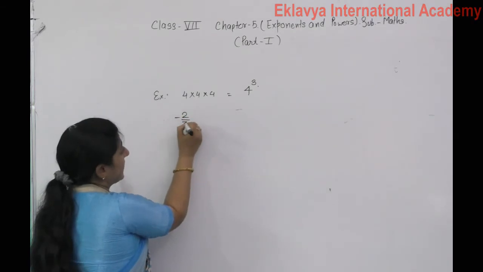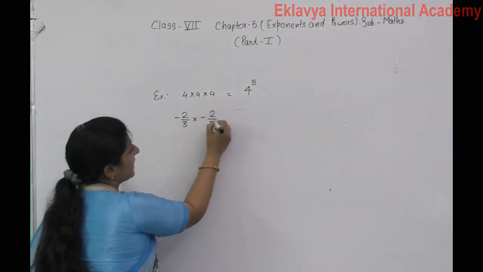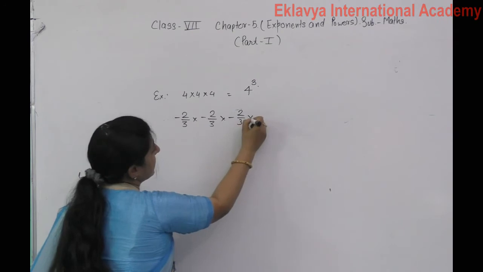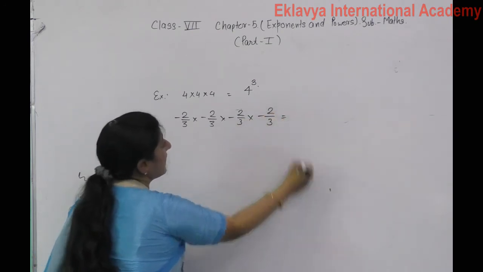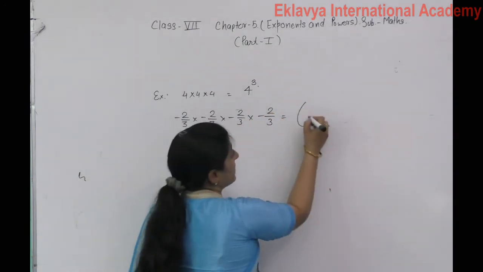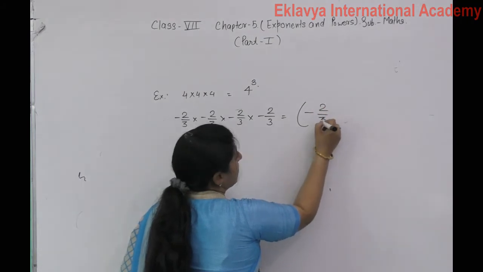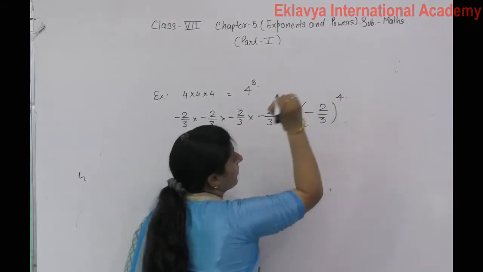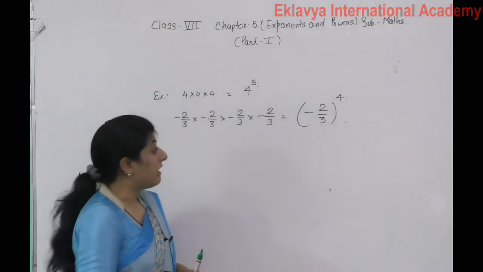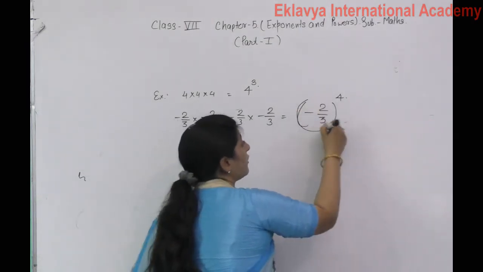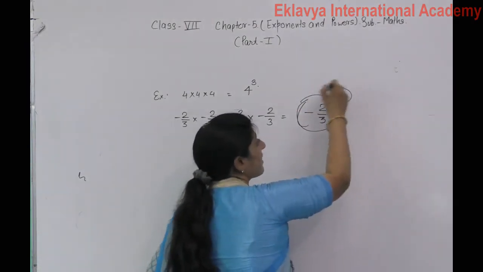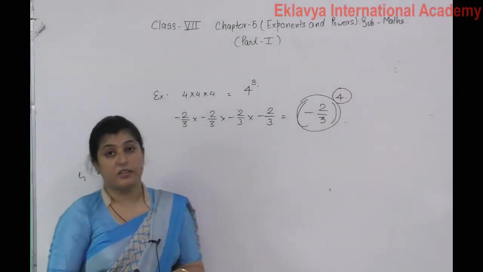Minus 2 by 3 into minus 2 by 3 into minus 2 by 3 into minus 2 by 3 means it is minus 2 by 3 power 4. This is the base and this is the exponent here.